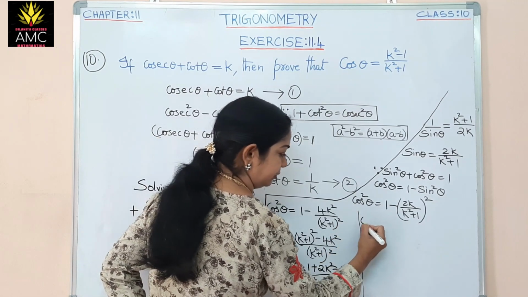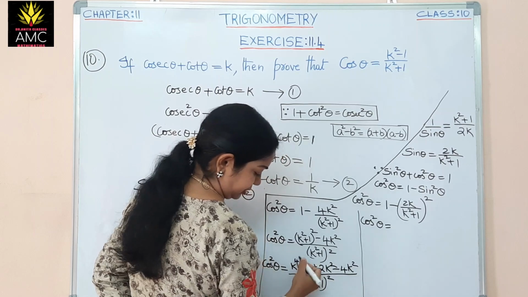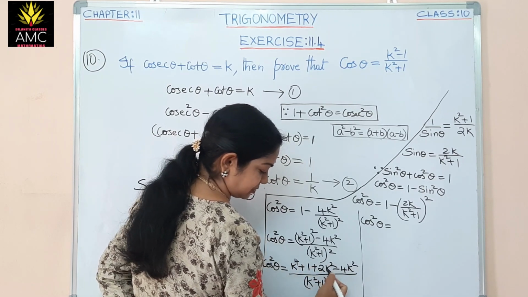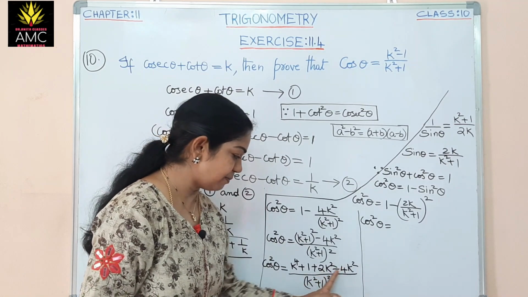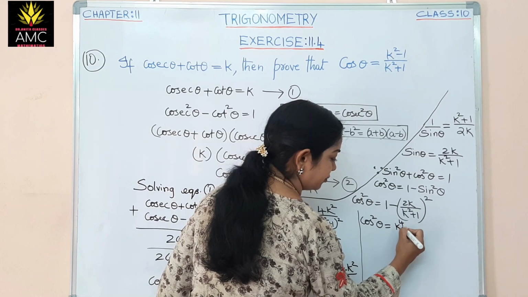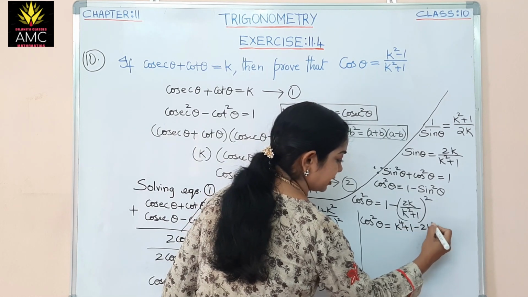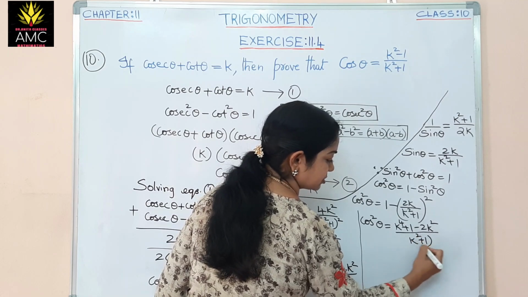Now cos square theta here is equal to k to the power of 4 plus 1 plus 2k square, plus 2k square minus 4k square. It comes to minus 2k square, isn't it? So this is k to the power of 4 plus 1 minus 2k square divided by k square plus 1 whole square.